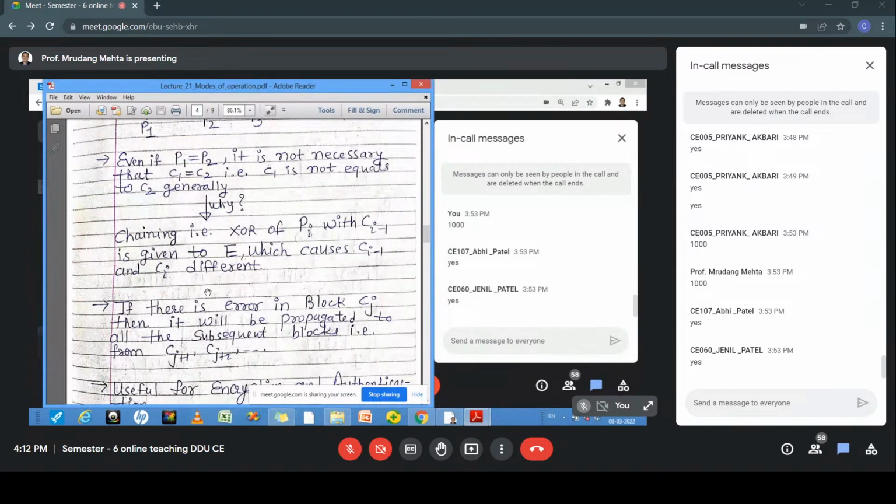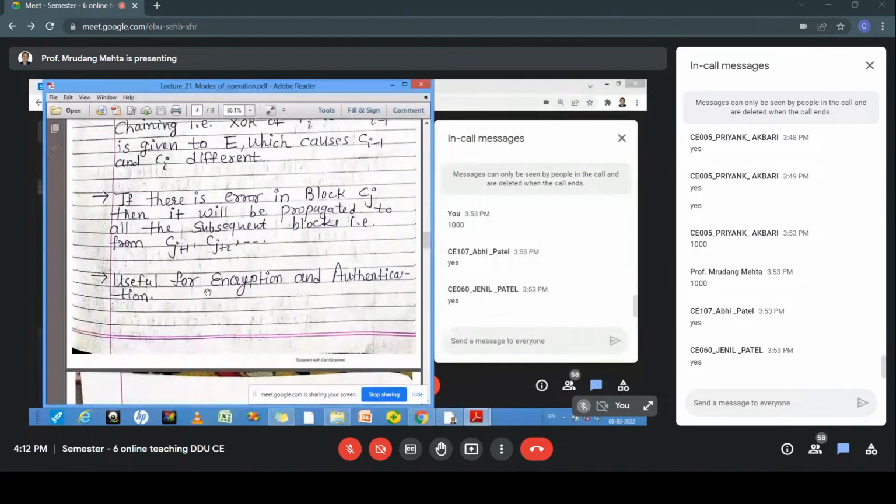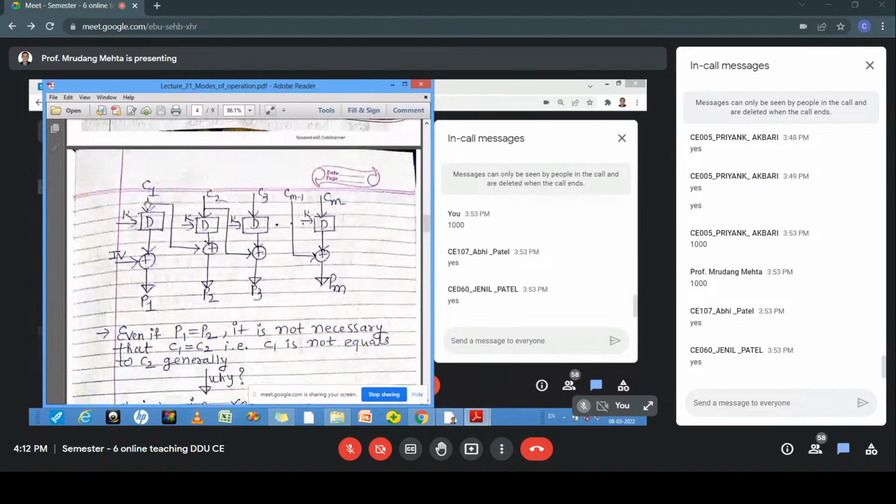But there is a problem with this mode. The problem is that if there is an error in block Cj, then it will be propagated to all subsequent blocks. For example, if there is an error over here, then it will be propagated at all places, right? Because it is a chain.